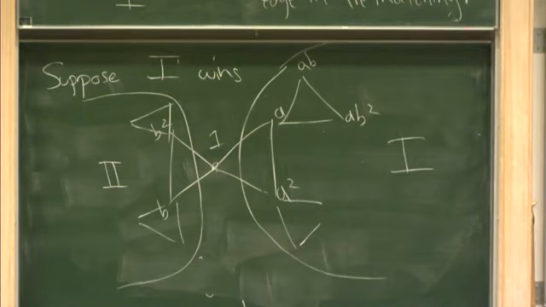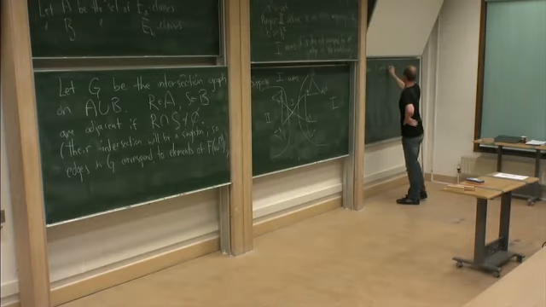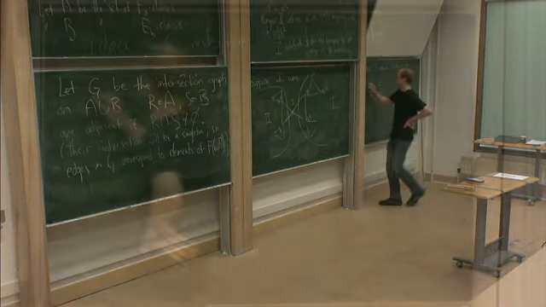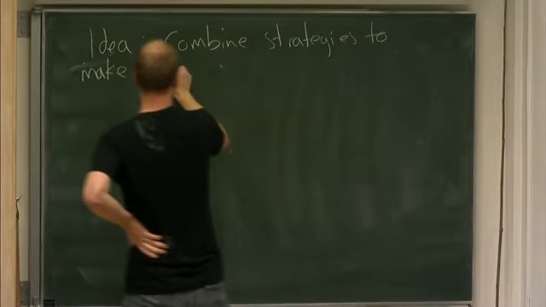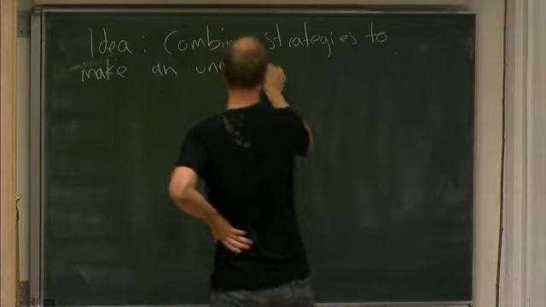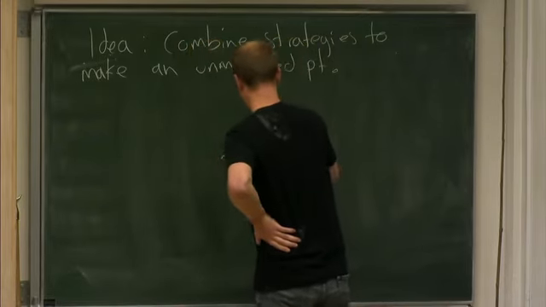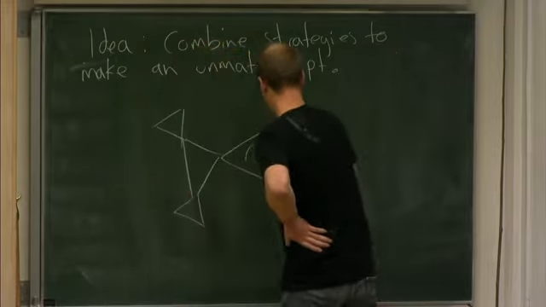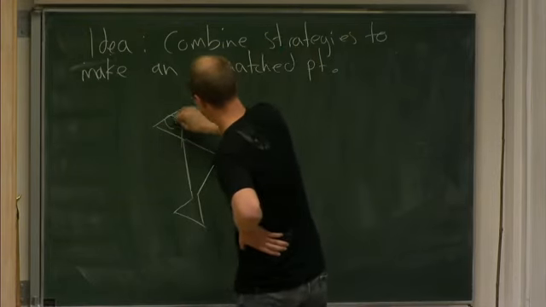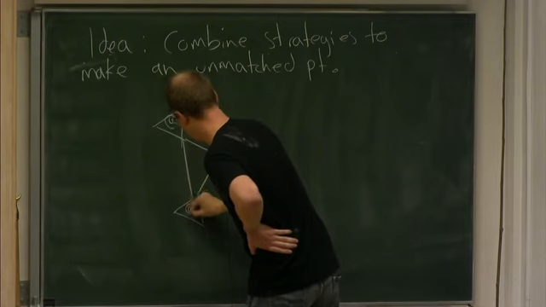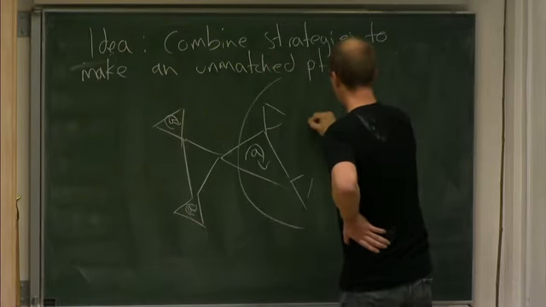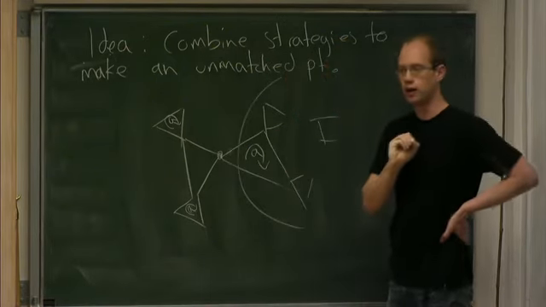So the idea is to combine strategies to make an unmatched point. All right. So once again, the picture is this is the generator A. If I let player 1 act here, this corresponds to an unmatched edge.